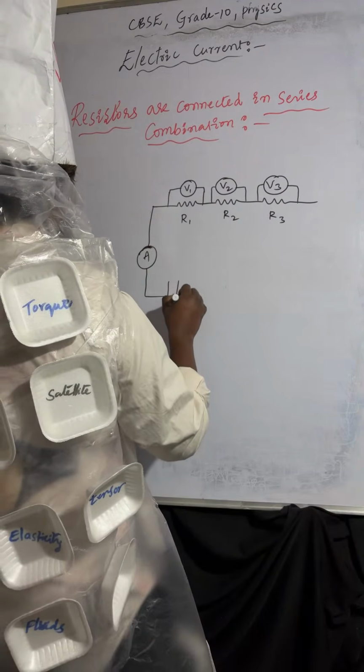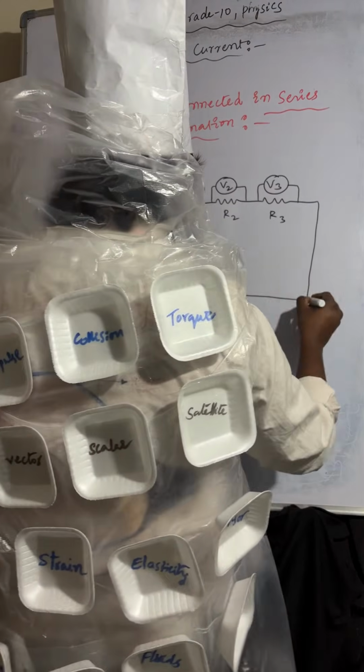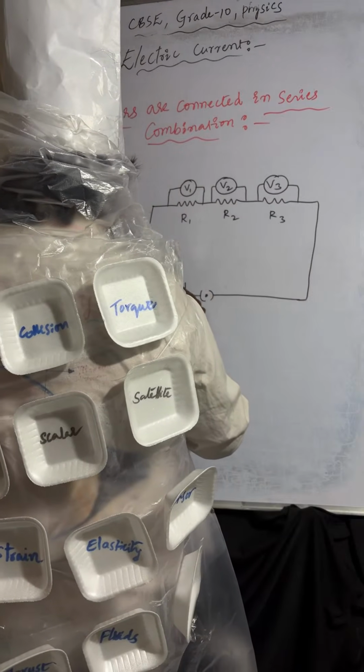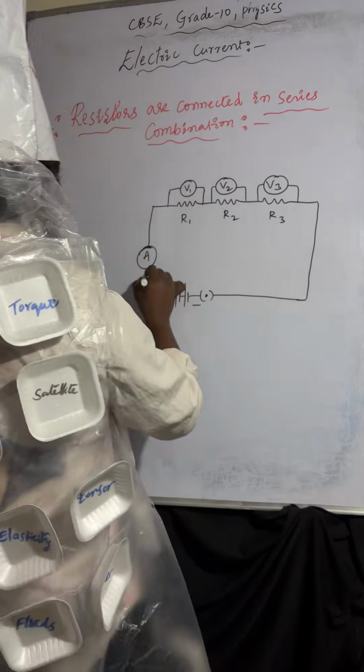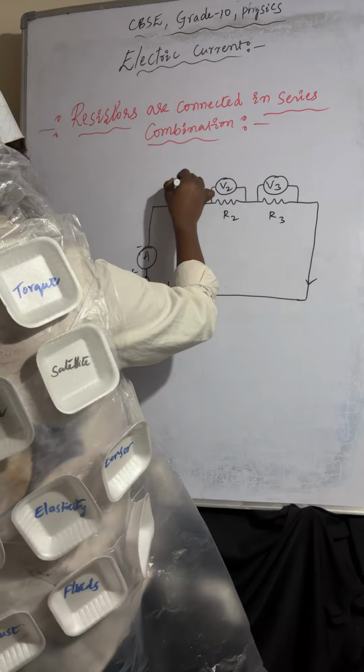Here are the battery, switch, positive terminal, negative terminal, and current is flowing.